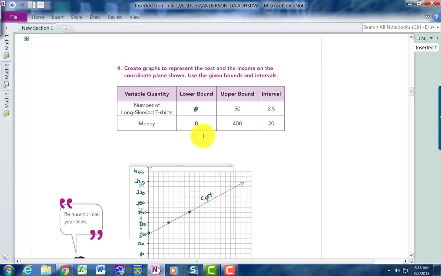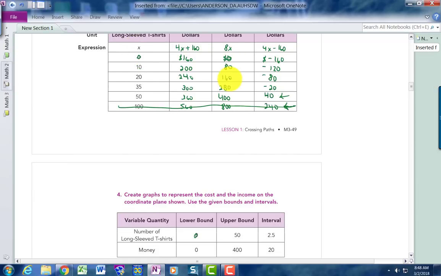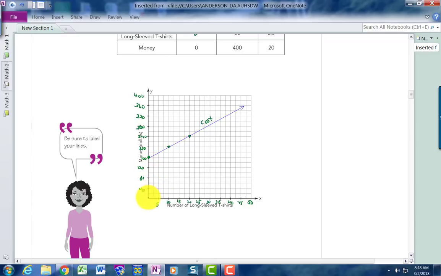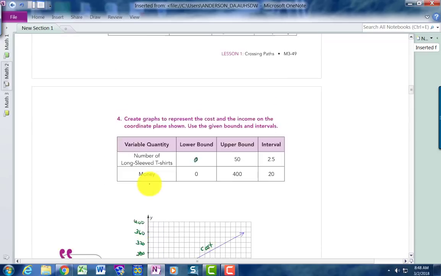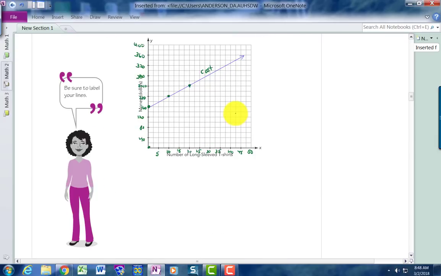All right. So then we're going to do the same thing. We're going to label the income graph. So I'm going to start with 0, 0 using these y values. Then I go back up here and I say, okay, that's 10, 80. So 10, 80 would be here.